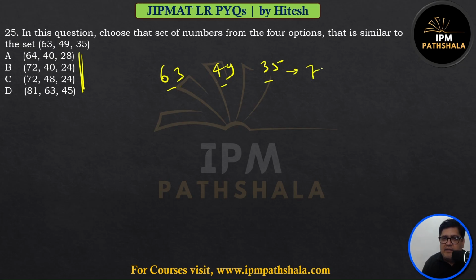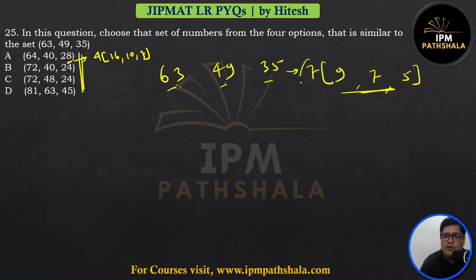If I take out 7 common, this is 7 into 9. This is 7 into 7. This is 7 into 5. Is there any such pattern that I could observe in the others? Now this is multiple of 7, but these are not. But is there something common between them? If I take out 4 common, this is 16 times, 10 times, and 7 times.